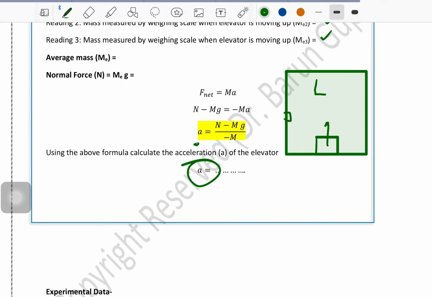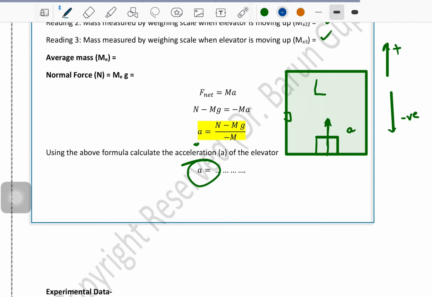So why you get the negative, I'll simply explain here. In my case, I have chosen all my upward direction as positive, all my downward direction as negative. All right. So when I choose all the upward direction as positive, and the elevator is going up, then first it will have a positive acceleration because it is just speeding up.